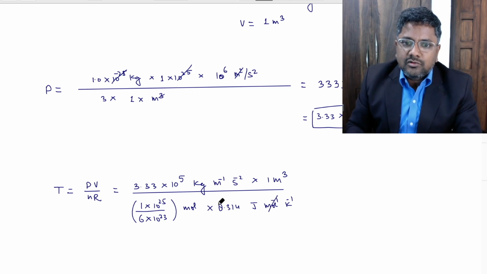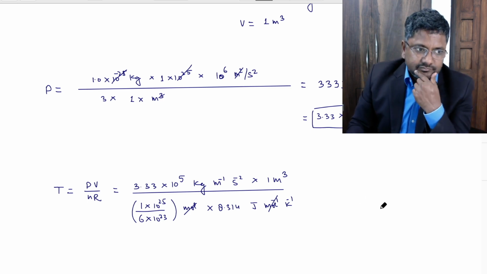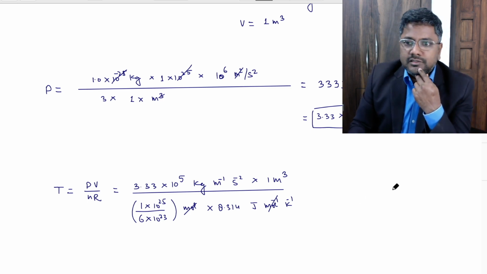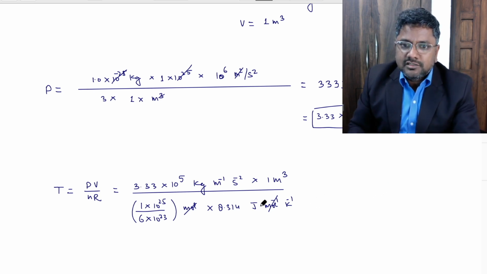So per mole and moles cancel, and joule we can write as Newton meter, which is kilogram meter square per second square. So all these units will be cancelled out, right?